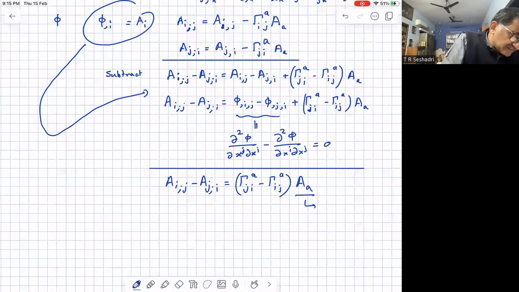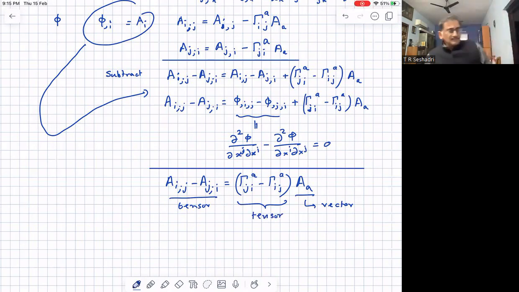This is a vector. This is a tensor. And hence, by the quotient law, this has to be a tensor. So you see something very interesting. Gamma A_{ij} is not a tensor. But if you reverse the lower indices and subtract, the difference is a tensor.